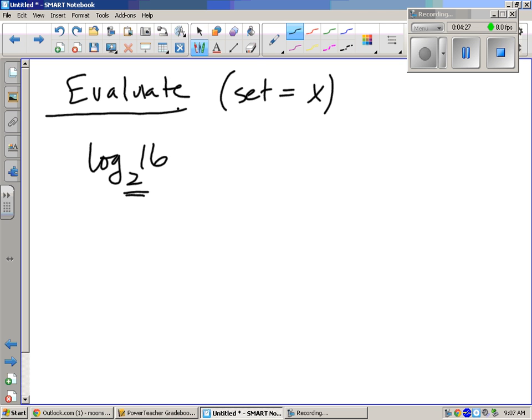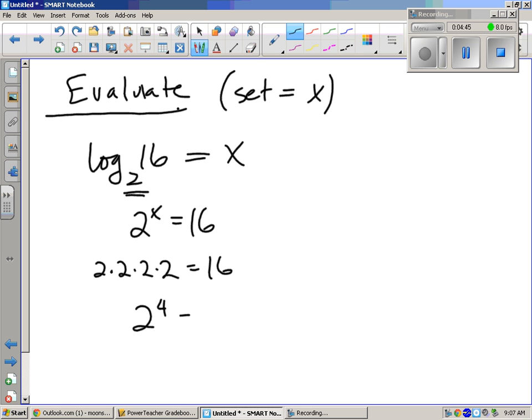But log base 2 of 16, we set it equal to x, and now I can change it to exponential form. So I can say 2 to the x equals 16, and then you can actually figure it out. You can do it in your head. 2 times 2 times 2 times 2 is 16. So 2 to the fourth is 16, so x must be equal to 4.